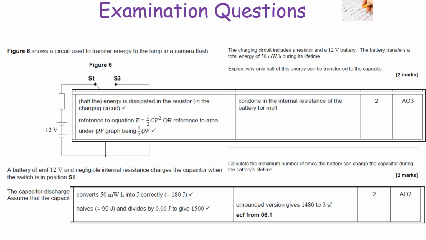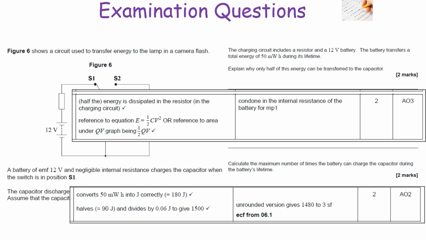Your power is given in milliwatts and your time is given in hours. Joules is when your power is in watts and your time is in seconds. So to convert from milliwatt hours into joules, you multiply by 10 to the minus 3 to turn milliwatts into watts, and then you also multiply by 3600 to convert your hours into seconds. So that works out to be 180 joules.